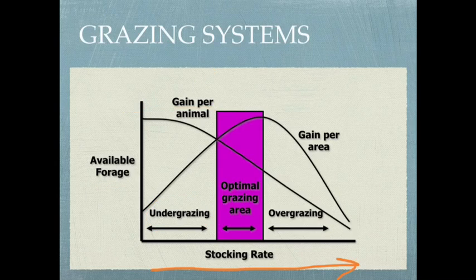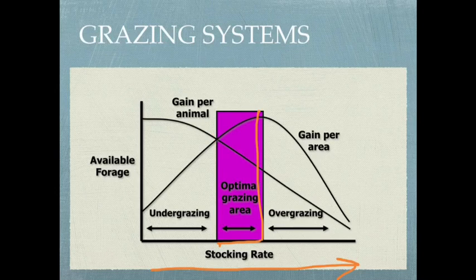However, in contrast, if we have that optimal stocking rate, which is right here in the center, we're going to get decent gains per animal, but we're also going to see an increase in gain per acre, meaning we could probably run more animals and get more total pounds gained over more animals than we would just by having a lower stocking rate.